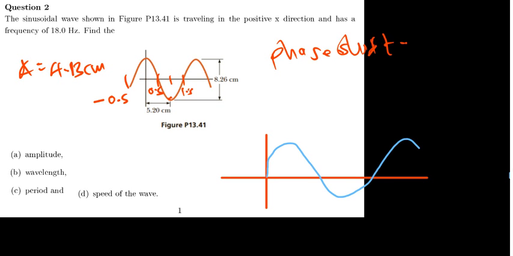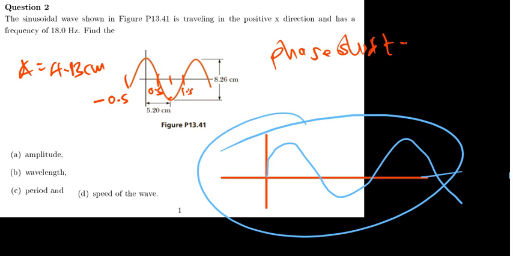We are starting from here, Lisa. We are starting from this point, the wave which I've given you. What is the phase shift here?